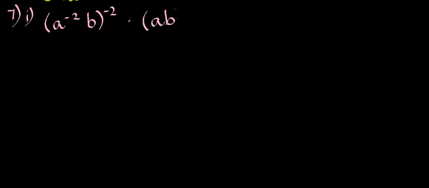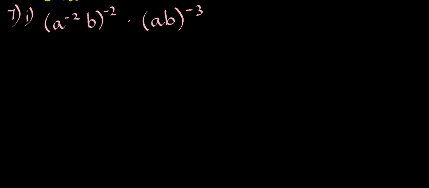The next question is question number 7. It says simplify. Again, we have two sub questions over here. The first sub question says a raised to minus 2 into b, the whole raised to minus 2 multiplied by ab, the whole raised to minus 3.